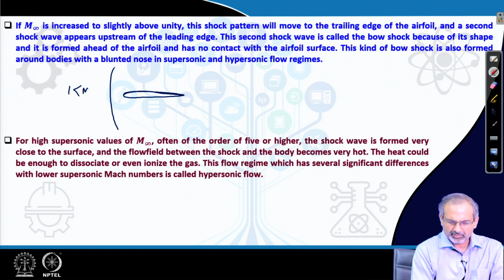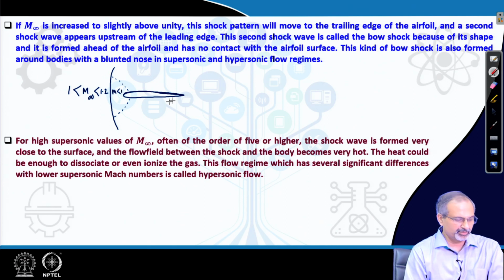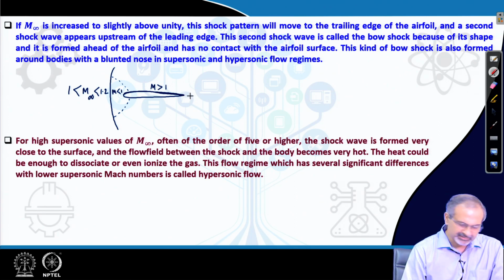Let us say your freestream Mach number is in this range. There is a detached bow shock, and a subsonic pocket is produced here. There is a supersonic flow moving past the airfoil, and what happens at the trailing edge? You have a very interesting flow structure which looks more like this.